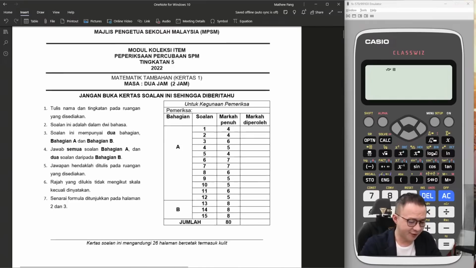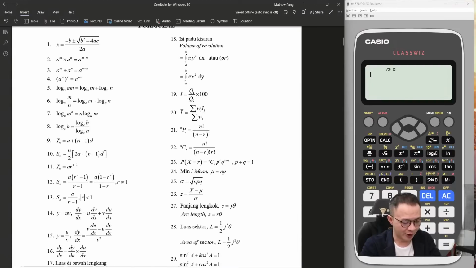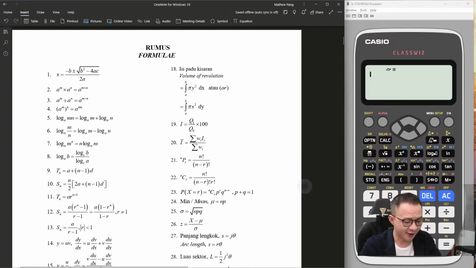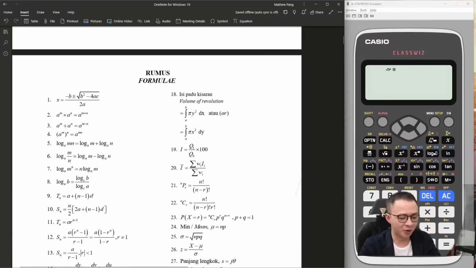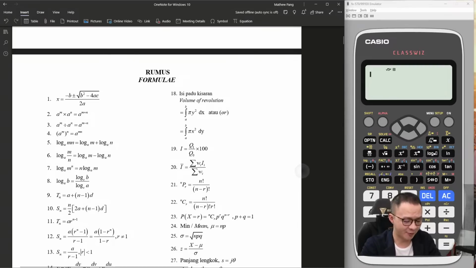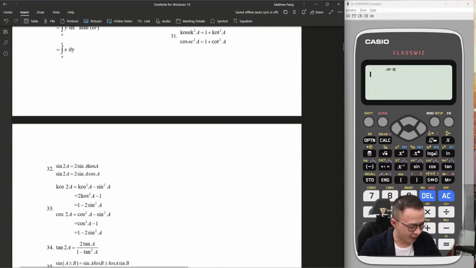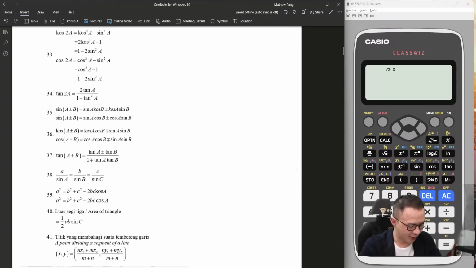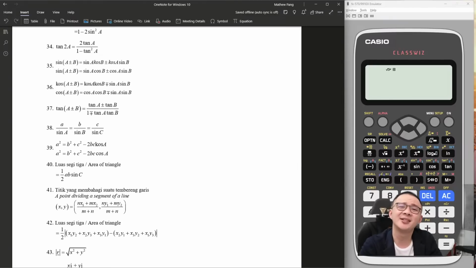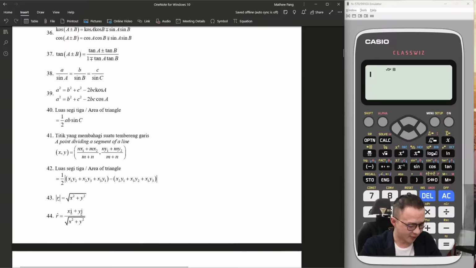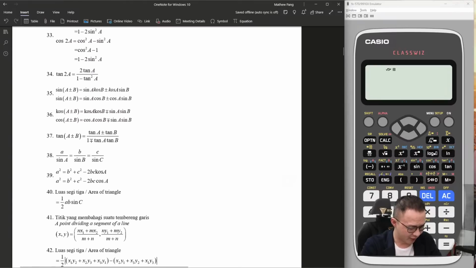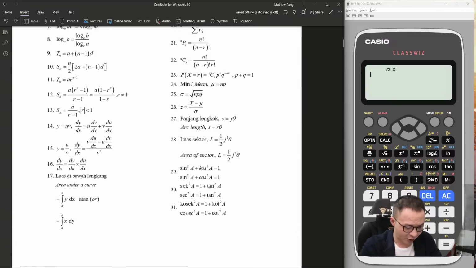I want to double confirm, is this the formula list for all the SSM students? Quite a lot of formulas are given. Some of my students told me SSM now gives fewer formulas, but it seems most of the formulas are given here. Is the binomial formula given?